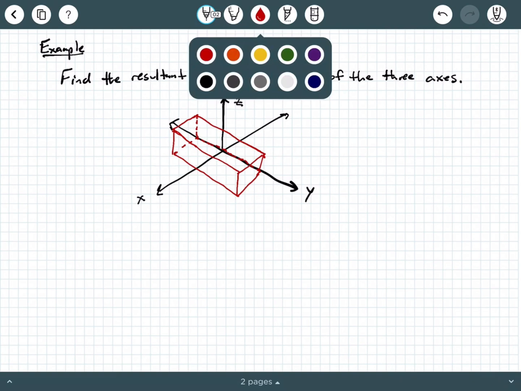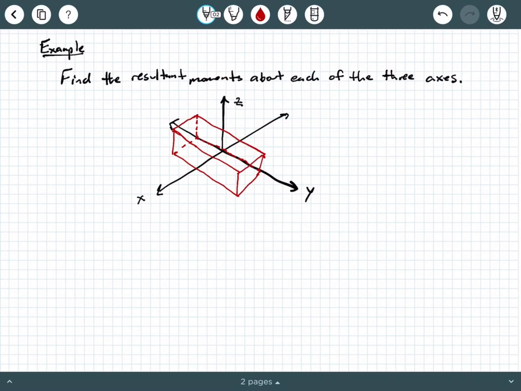Alrighty, and we're gonna have some applied forces acting. I should probably go ahead and tell you the dimension lines, huh? So in the positive x direction, the box is 1 meter wide. In the positive y direction, the box is 2 meters along the positive y-axis, and then it kind of dips into the negative y-axis by 1 meter.